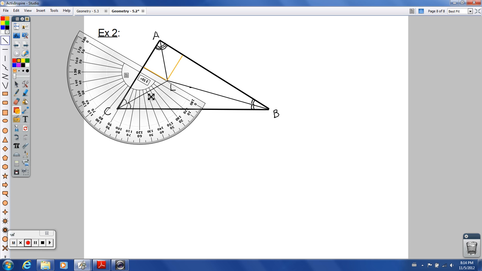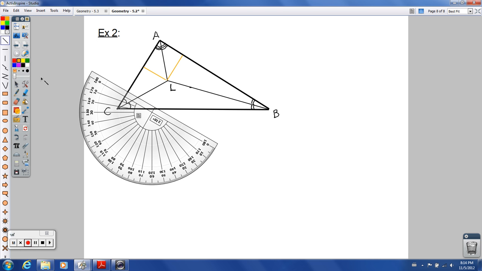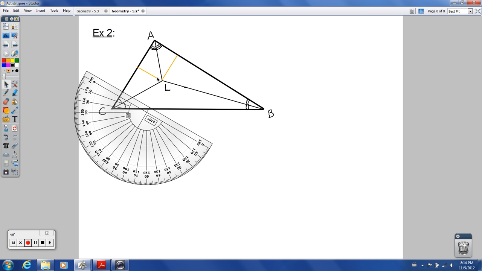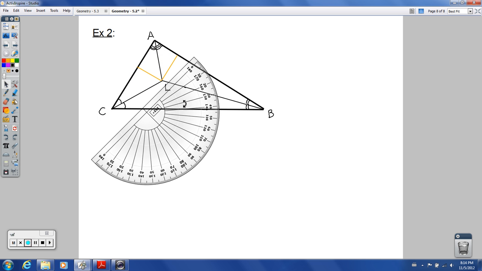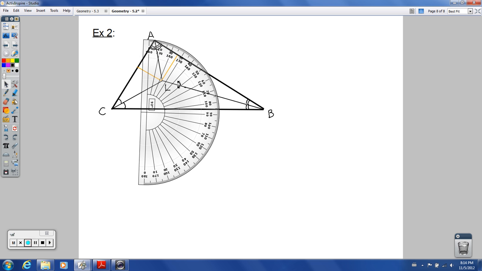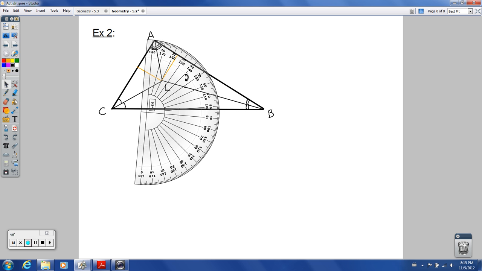And draw that in there to the edge. Extend this out just a little ways. Okay, and then draw this in precisely at 90.